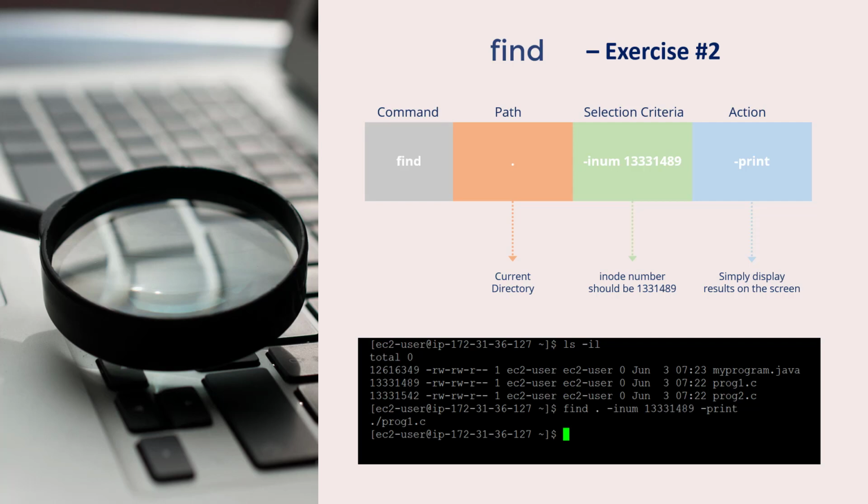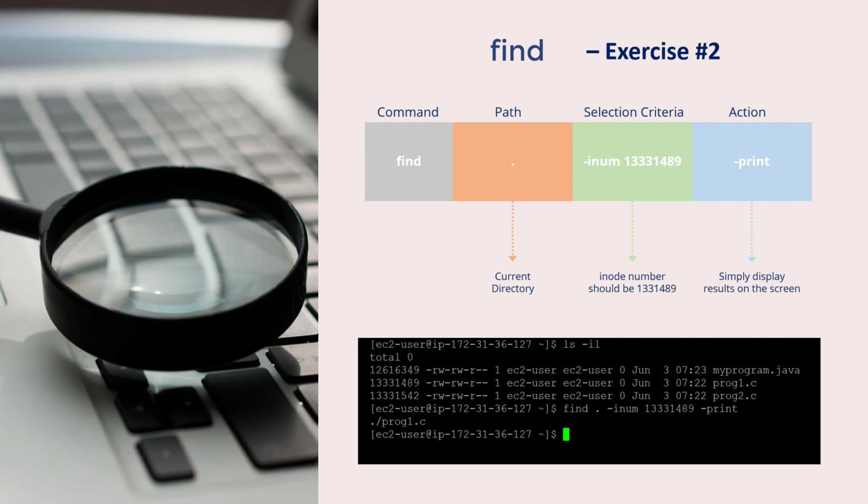So as you can see, the file prog1.c is the only one with this inode number. So prog1.c is the only file that gets returned in the results. So we just learned another selection criteria through this example.